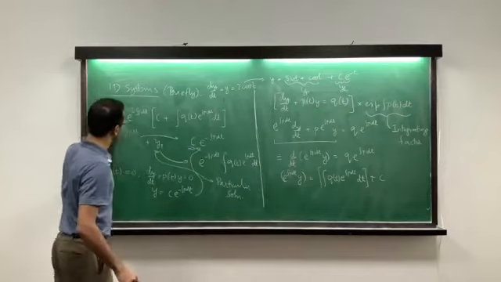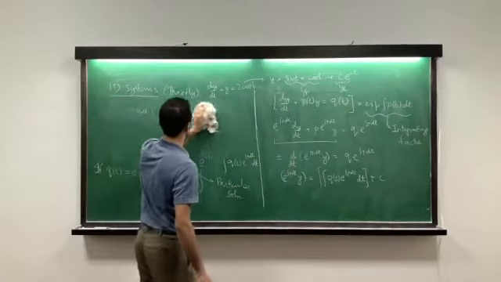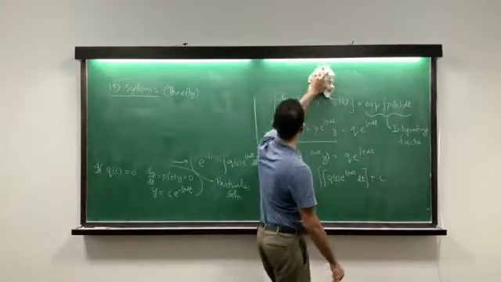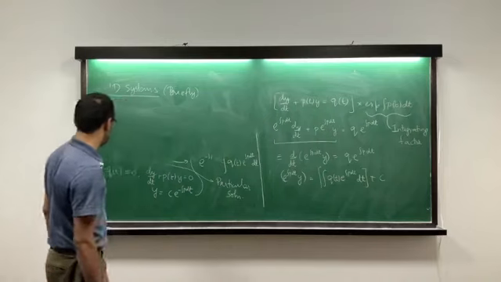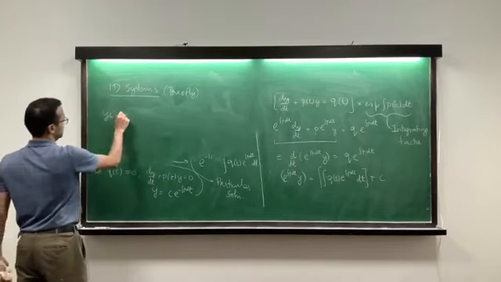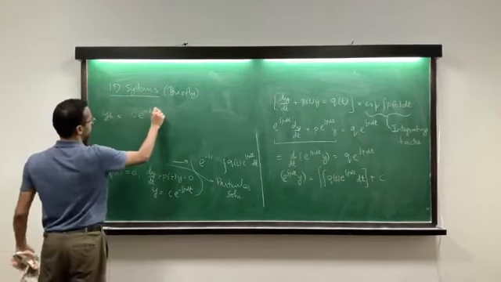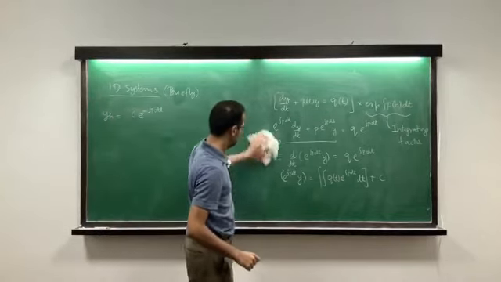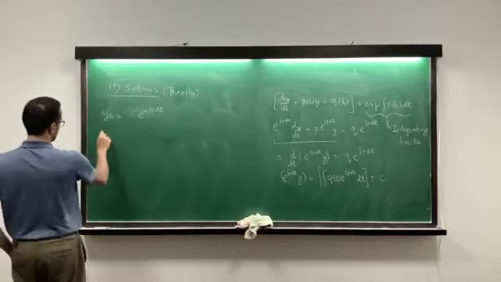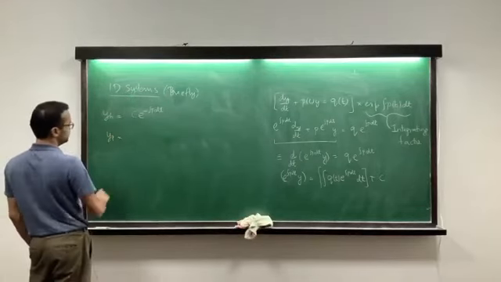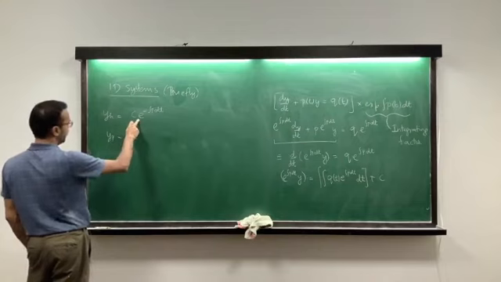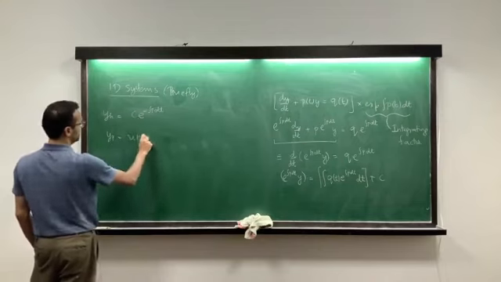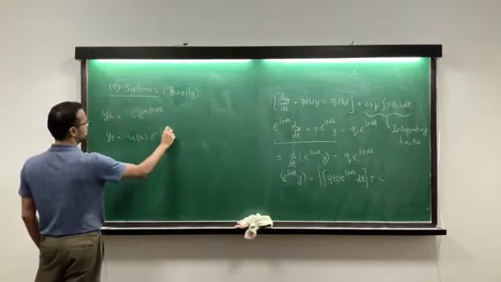Let me start with this. Okay, let me get rid of this. Let me get rid of this. That's where I don't need this. Okay, so the homogeneous solution was this, yh equals c e to the power of minus integral p dt. Okay, I can write the yp as same as the yh, but only now I make c a function of t, I call it u of t times e to the power of minus integral p dt.